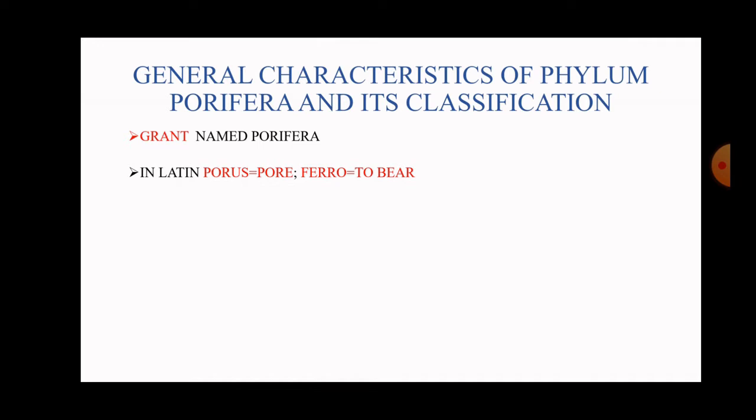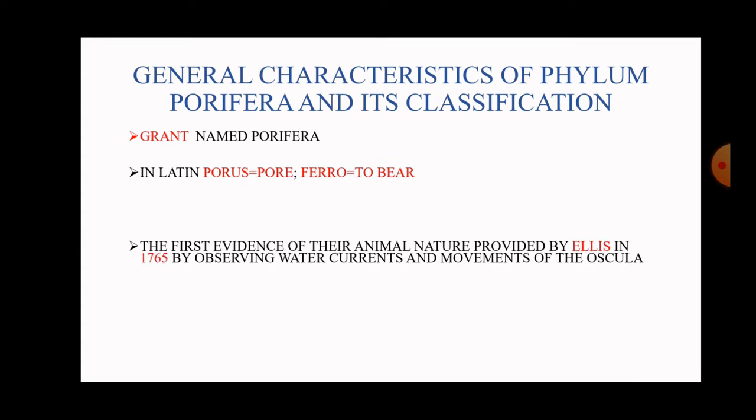Here porus means pore or hole, ferro means to bear. In total, Porifera means bearing of pores, which means these animals have pores all over their body. That is their special character.